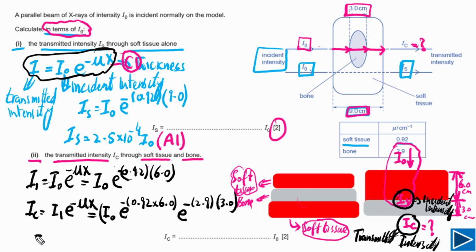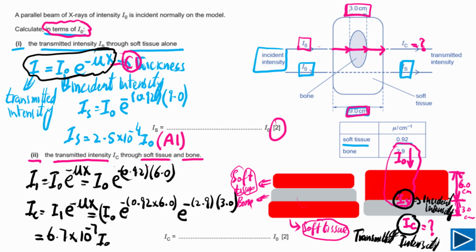Now simply we need to solve this one and we can find the final answer, the value of IC. If we solve this, our final answer will be 6.7 times 10 to negative 7 I naught. That's all we need to do.